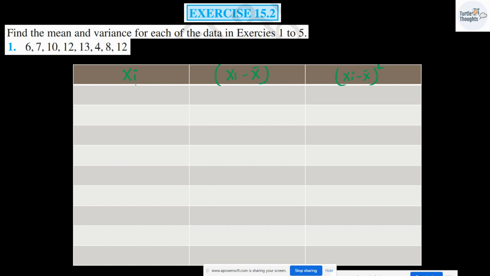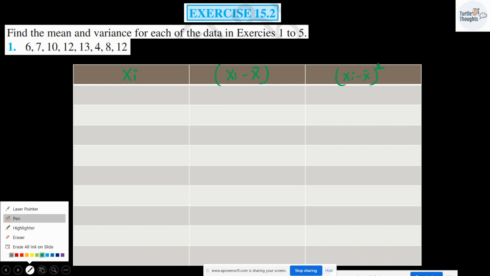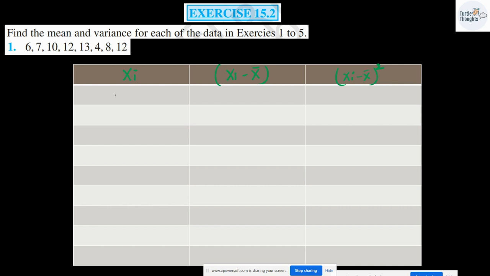Let me fill out the table. First is going to be 6, 7, 10, 12, 13, 4, 8 and 12.